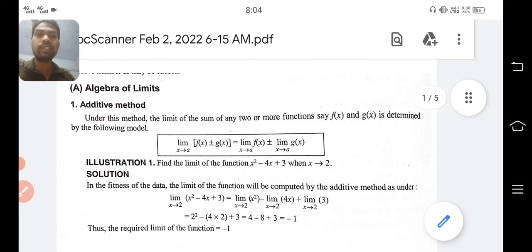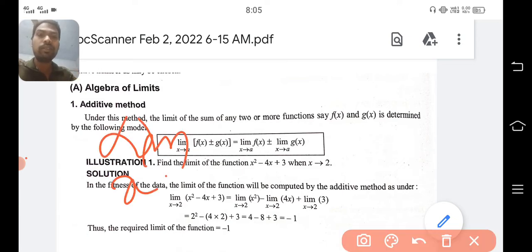There are different methods: additive method, multiplicative method, constant method, and division method. We can also calculate the left hand limit and right hand limit. Let's discuss one by one how we calculate the limit of a function using the different methods. First we are going to talk about the additive method.